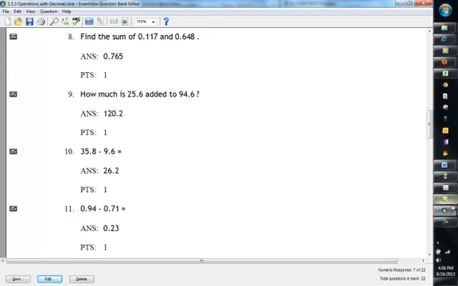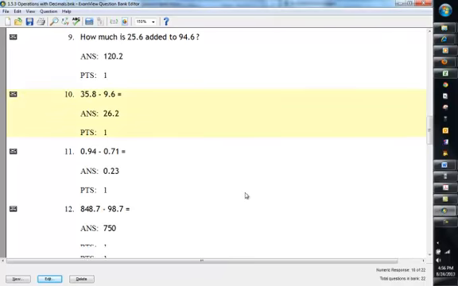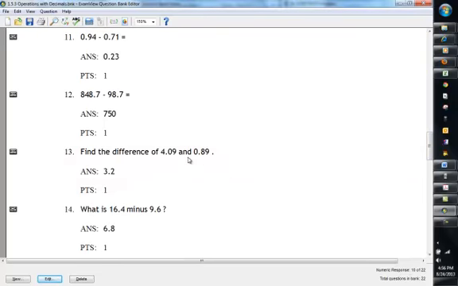Next one, number 9 here. Added to, the to tells us to switch the order, so we write the last number first, 94.6 plus 25.6 is 120.2.